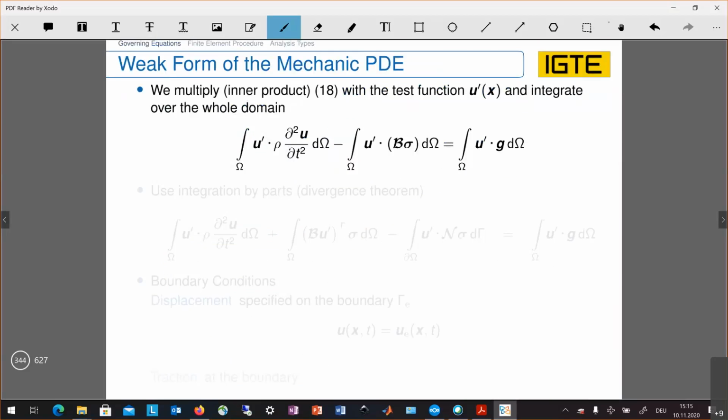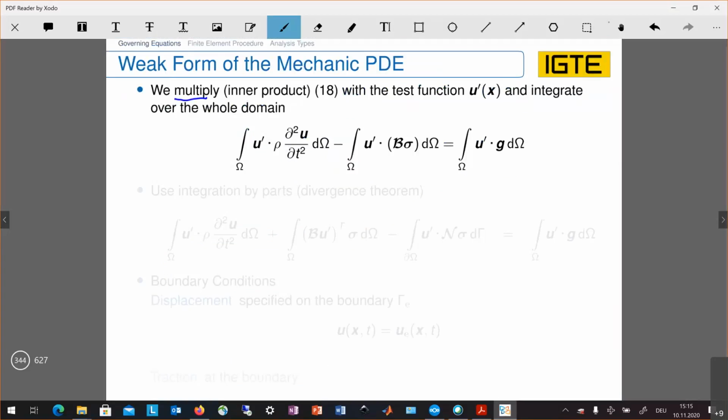Okay, so in order to come up to the weak formulation, we again multiply, but be careful, multiply here means taking the dot product, the inner product. So the difference to the other partial differential equations we have discussed is that this partial differential equation is a vector partial differential equation.